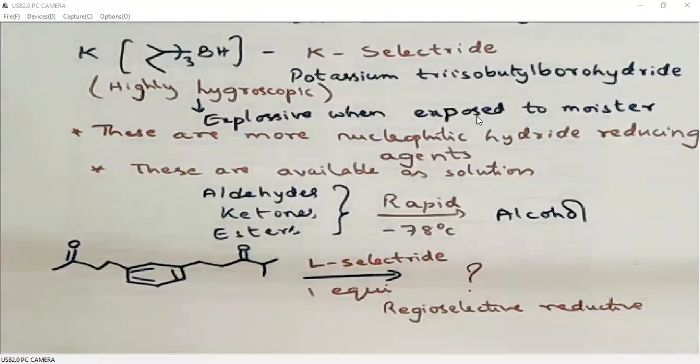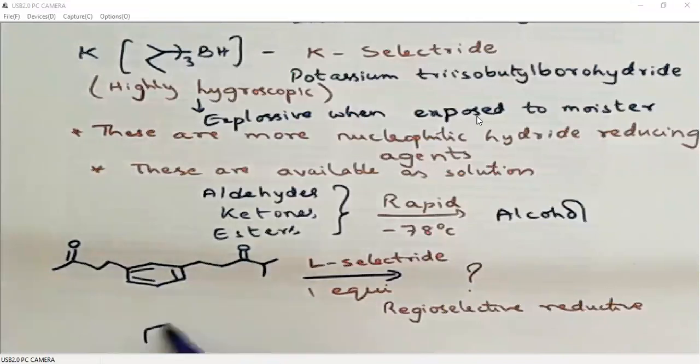When you have the same functional groups at two different places, but only one functional group is reduced, whereas the other one is not reduced. That is what is called regioselectivity. Chemoselectivity is for different functional groups, but regioselectivity is for the same functional groups with different steric crowding or different electronic environments. So this is regioselectivity.